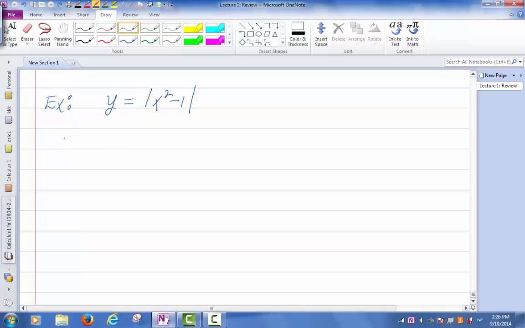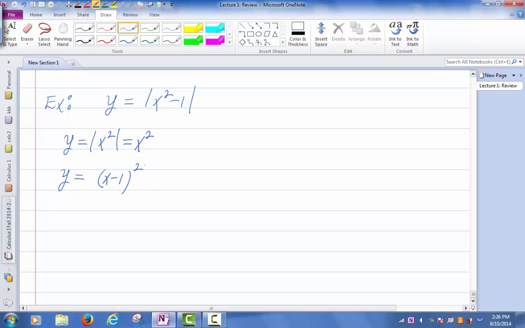Because x squared is positive. And I do not obtain the function that I started with if I replace x by x minus 1. What do I get? I get x minus 1 squared, right? Which is not the same as what I have. So this is not a shift of the x squared graph, right?